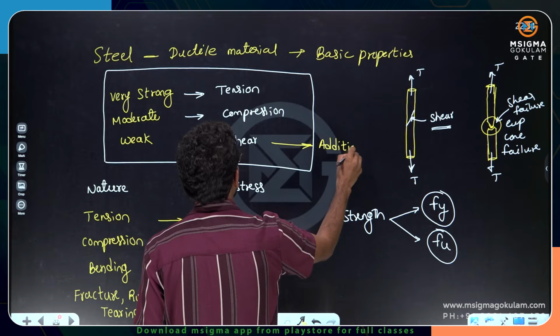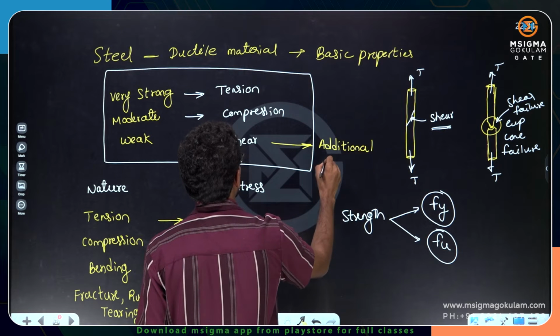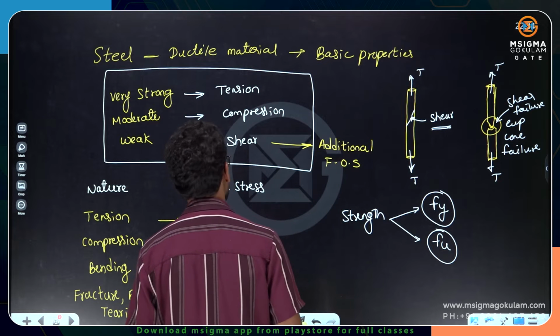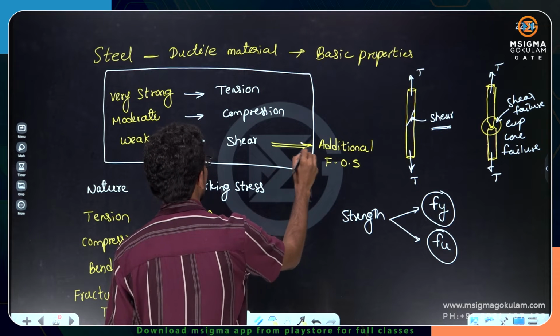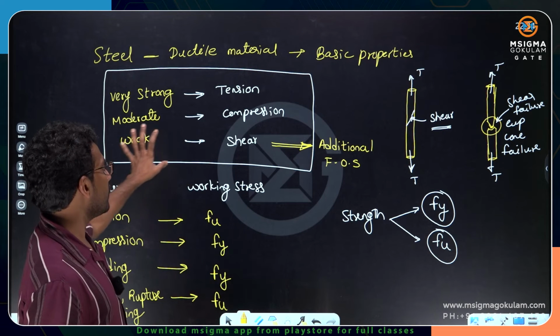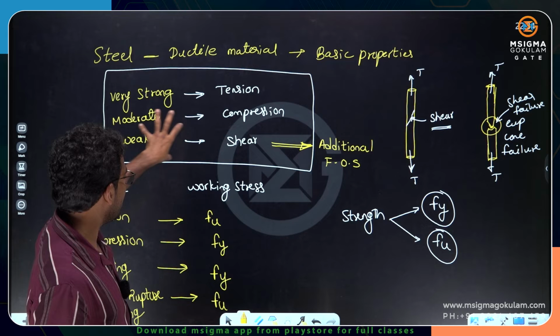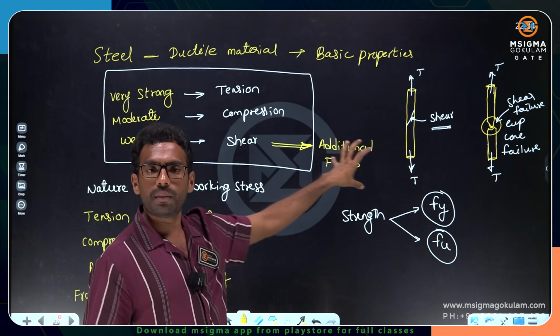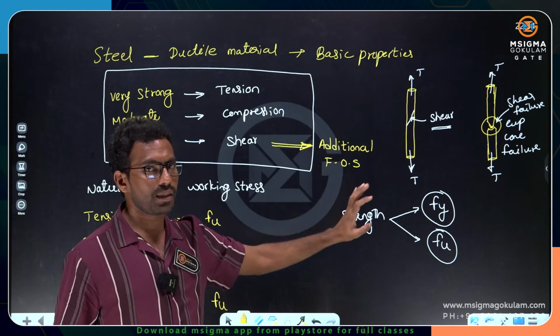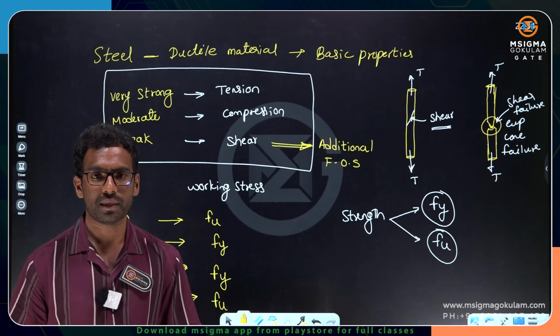Our code is saying very clearly that in case of steel in shear, there should be an additional factor of safety that we have to apply in order to compensate its weakness. Whenever shear comes into the picture, we have to apply the additional factor of safety for the steel. I hope you understand this.